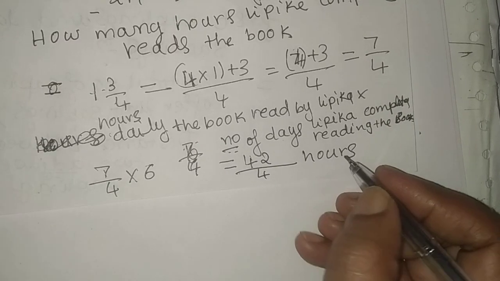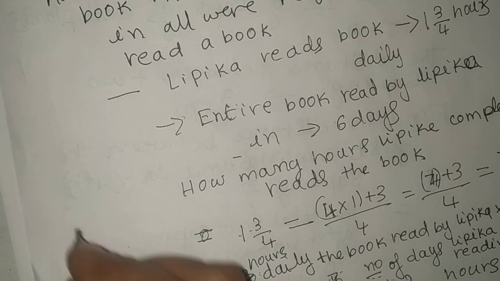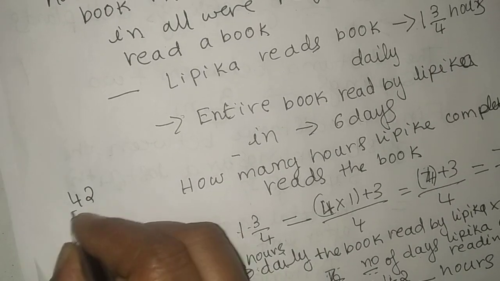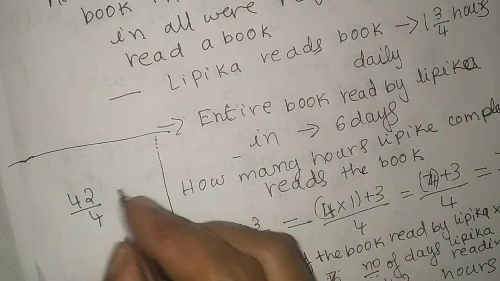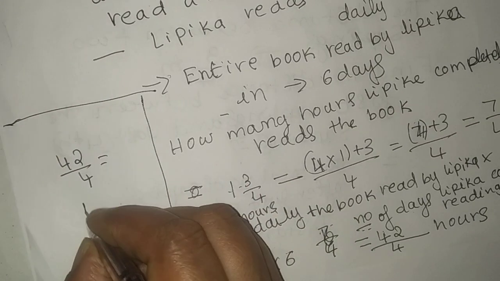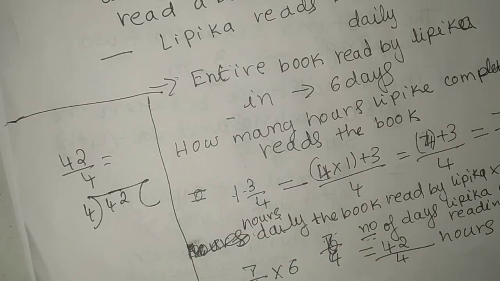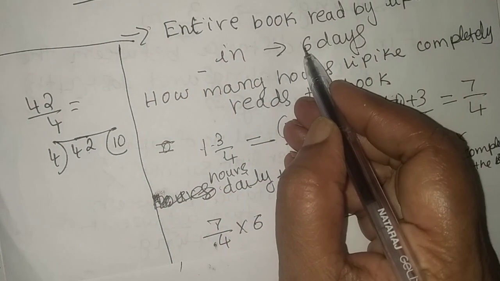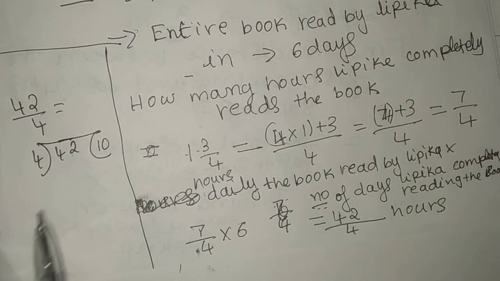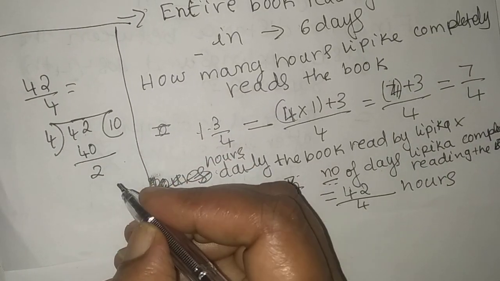So if we have to keep the mixed fraction, we have to just convert here. Take this 42 divided by 4. 4 tens are 40, 2 remainder.